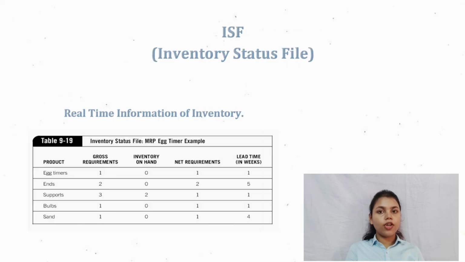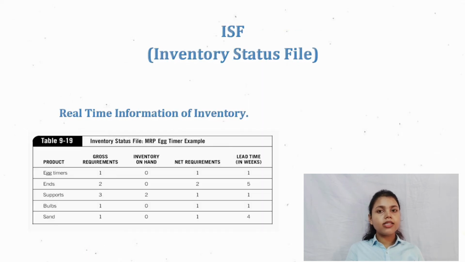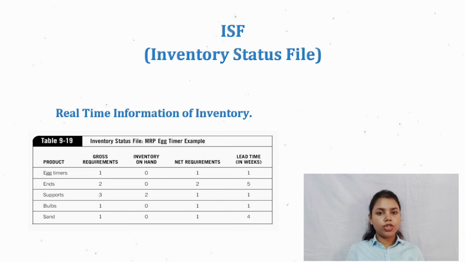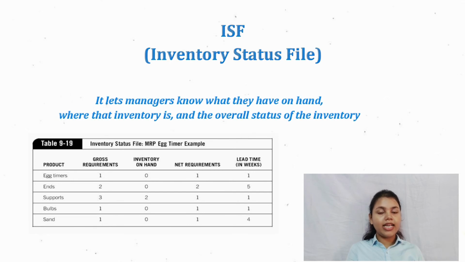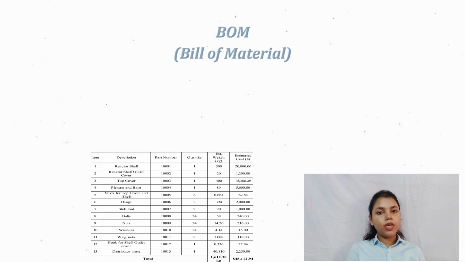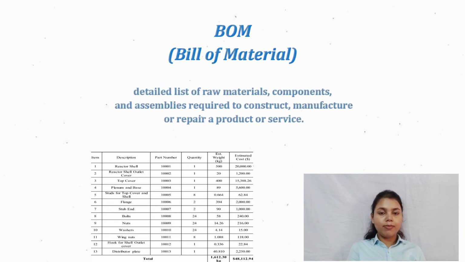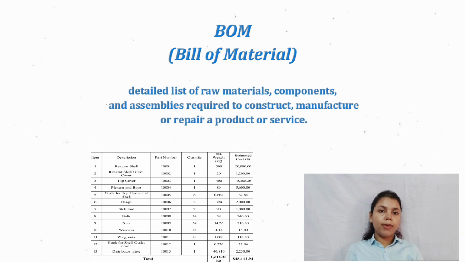The ISF or Inventory Status File contains the important real-time information on a company's inventory. It lets the managers know what they have on hand, where that inventory is, and the overall status of the inventory. The BOM or Bill of Materials is a detailed list of raw materials, components, and assemblies required to construct, manufacture, or repair a product or service.